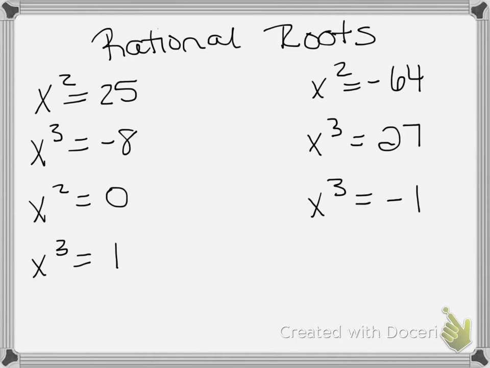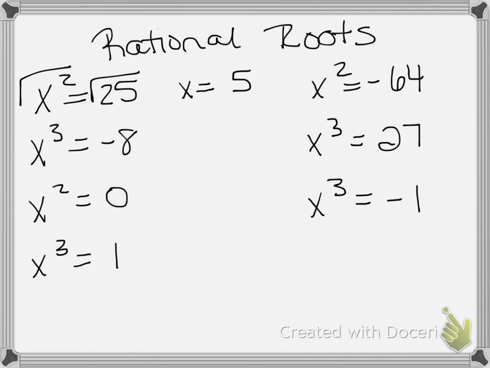One is that you could ask yourself, what number squared would get me 25? So really we want to think about that backwards, or taking the square root of x squared. And so that would leave me x equals the square root of 25, which is 5.